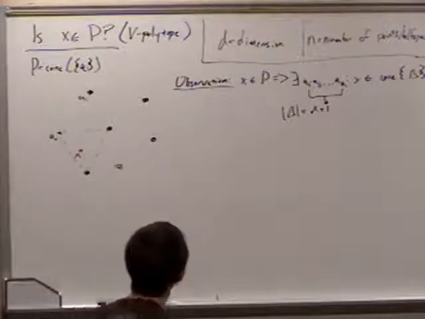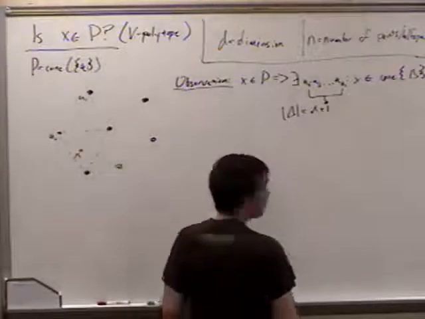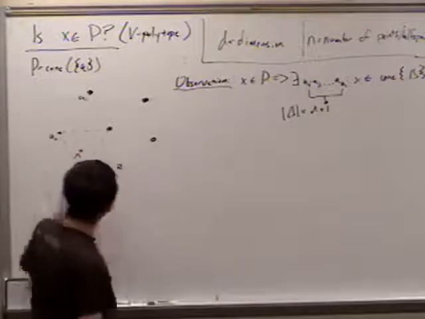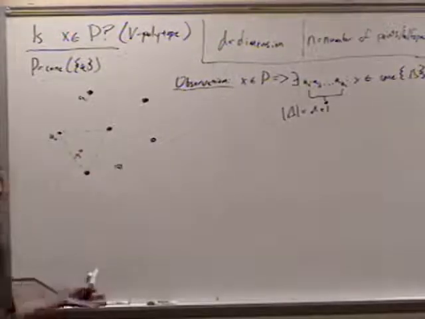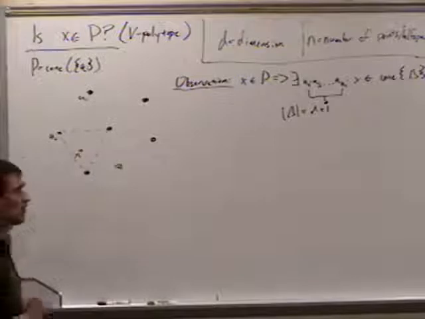So d plus 1: in 2D, there's going to be 3 points. In 3D, there will be 4 points. In 4D, there will be 5 points.